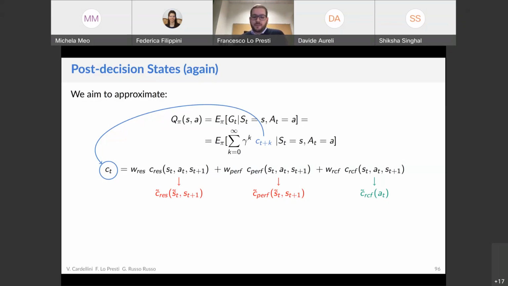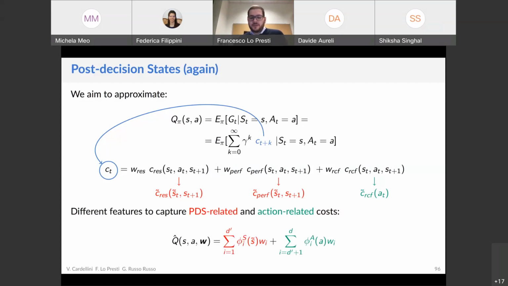So we can divide the different costs into 2 groups. Some costs are related to the post-decision state in which we are, while other costs depend on the action we perform. So we can imagine that the approximate Q function we want to compute is made up of 2 different terms.